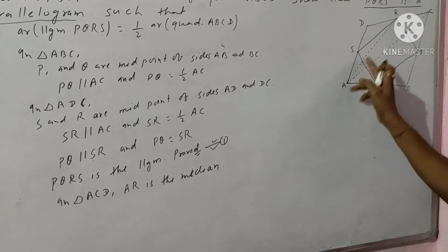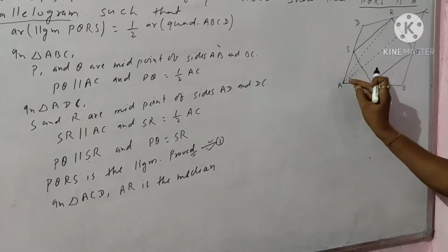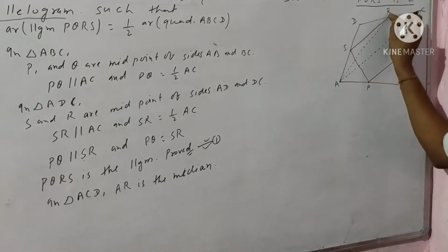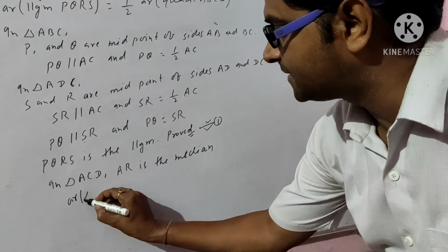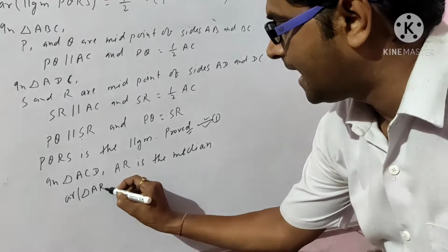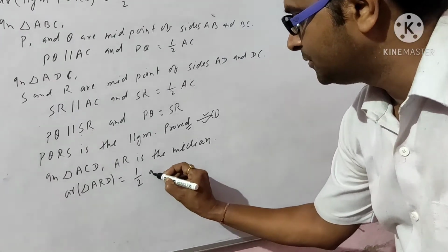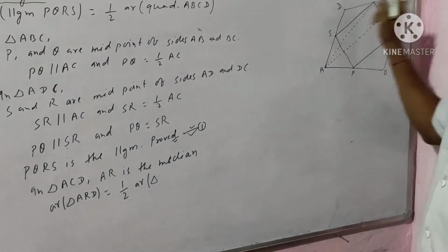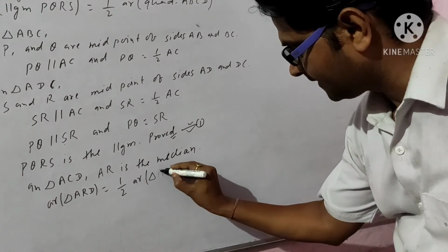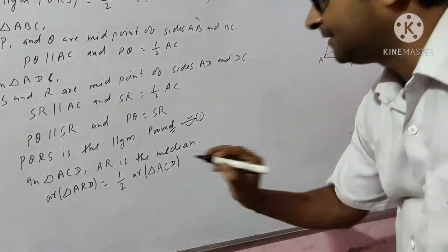So we know that, student, a median divides the triangle in two equal parts. So we can write here area of triangle ARD is equal to 1 by 2 area of triangle ACD.